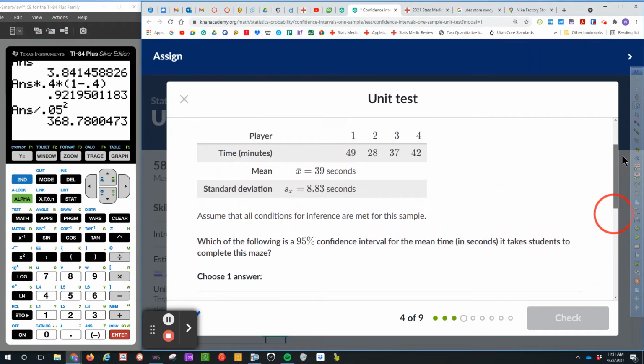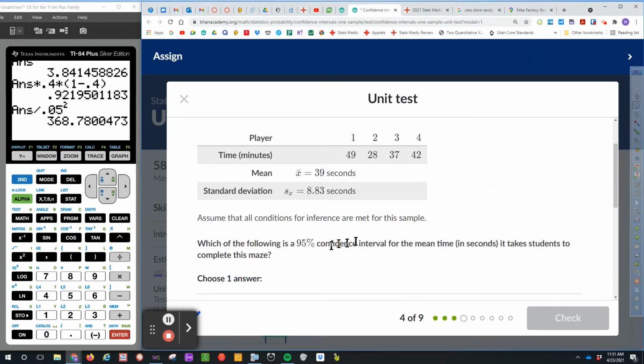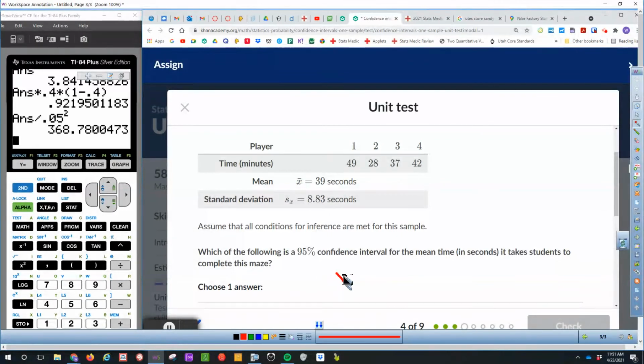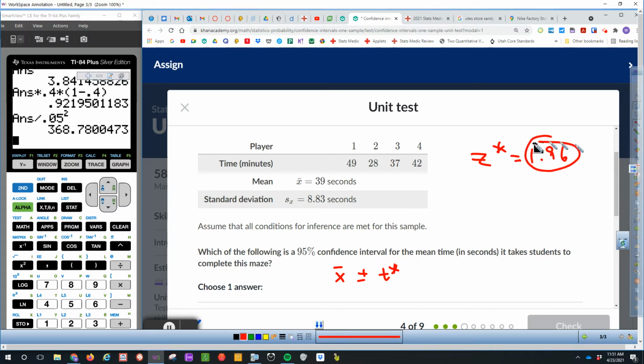The formula for a confidence interval for a mean is, what was it? X bar plus or minus T star. Oh, actually, you know what? I might have made a mistake. I was assuming T star to be 1.96, and that's not the right number. We cannot use 1.96. So T star times standard deviation divided by root n, right?